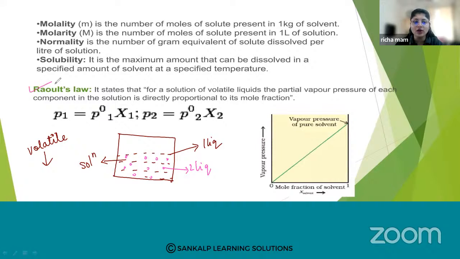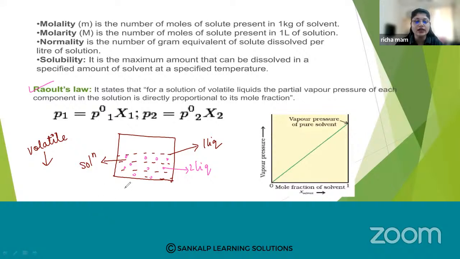Now, what is Raoult's law? For any volatile substance, the partial vapor pressure exerted by the vapor on the surface of the solution is directly proportional to its mole fraction in the solution.